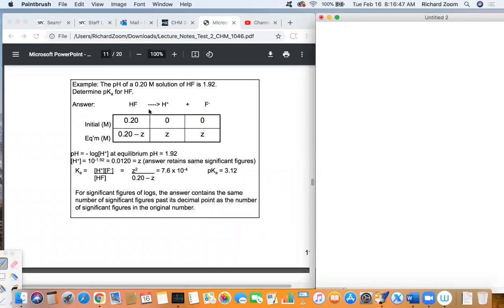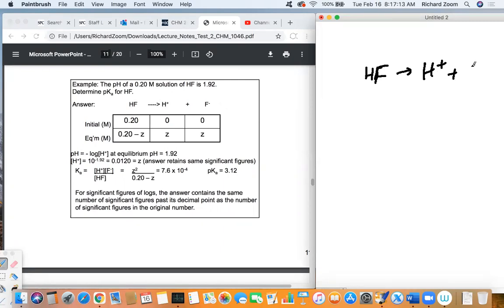So the first step: you're not given the equation here. You have to figure out how this splits apart. Now I'm going to show you two ways to do this, and both of them are completely equivalent. So we've got HF. The thing is, we're looking for Ka, so that's my signal that I have to use H plus.